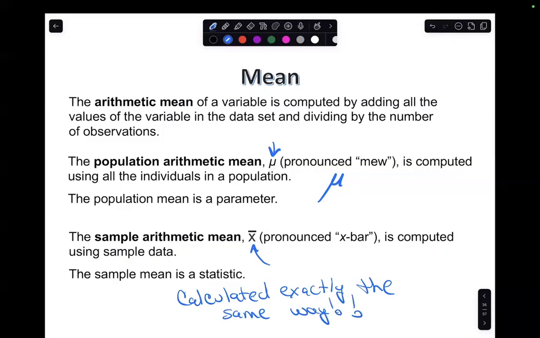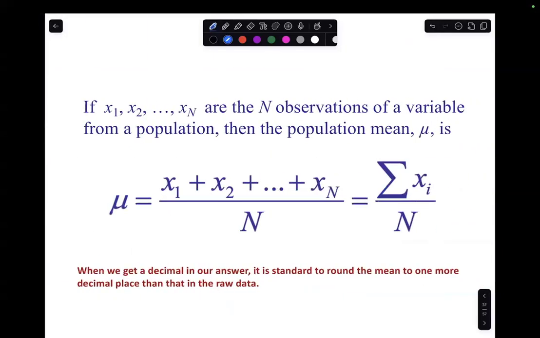There you go. Add all of them together, divide by how many data values there are. They're calculated the same. They just have different symbols depending on if it's a sample or a population. That's it. All right, I'll give you a second. All right, let's move on.